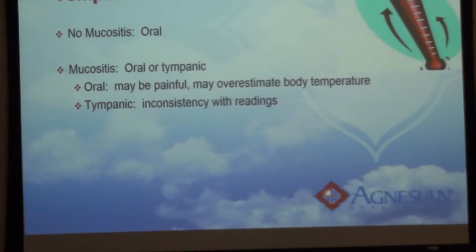If you're trying to do oral in a mucositic patient, you can have an overestimate of temperature. In the ear, if it's the patient's dependent ear, so they hear the best out of their left ear, you're oftentimes going to have a higher reading. If it's full of earwax, you're oftentimes going to have a lower reading. And why is that important?